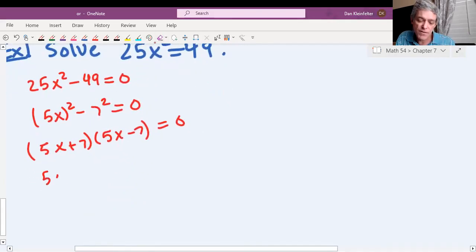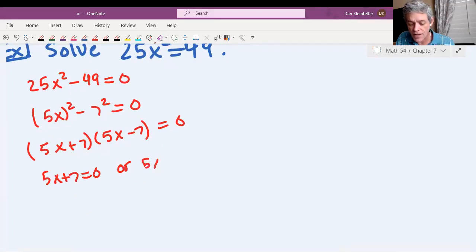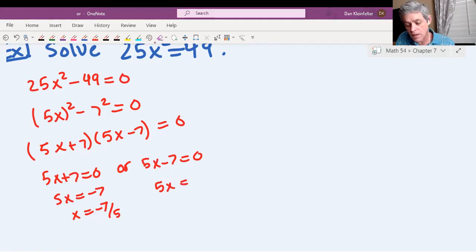So then it must be that 5x plus 7 is 0, or 5x minus 7 is 0. Solving each of these for x, we'll get negative 7/5 for the first one, and 7/5 for the other one.